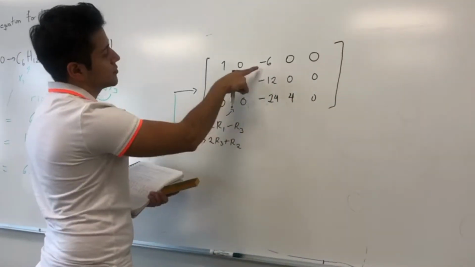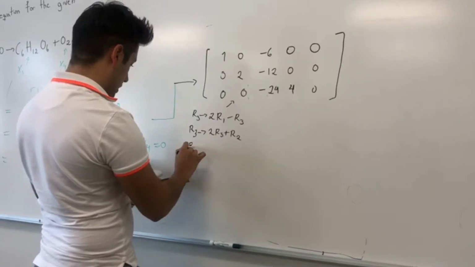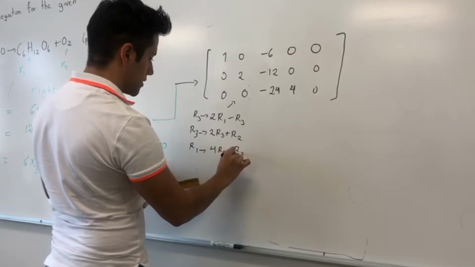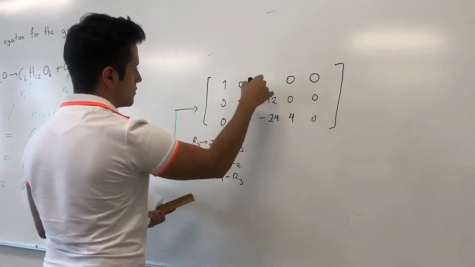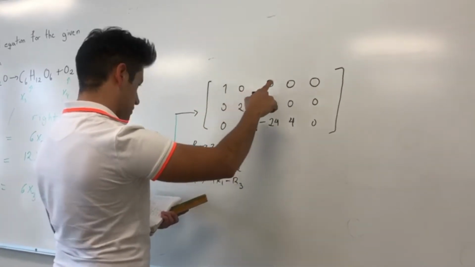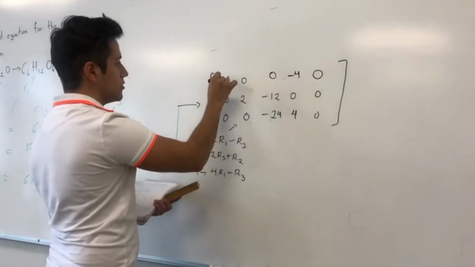Okay, the next step is to make this one a 0 and this one a 0. So in row 1, we'll do 4 times row 1 minus row 3. So this will be minus 24, here will be a 0. Here will be a minus 4, and here will be a 4.